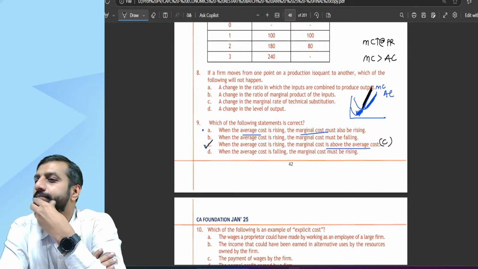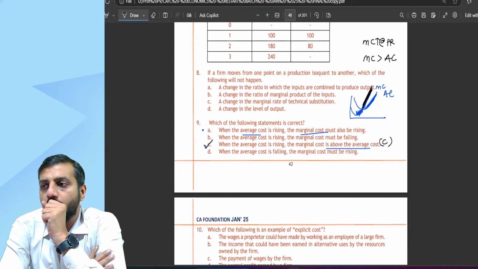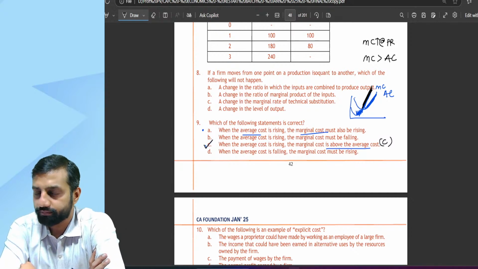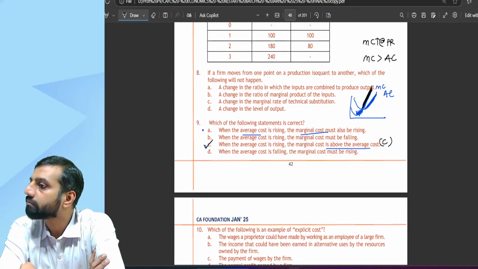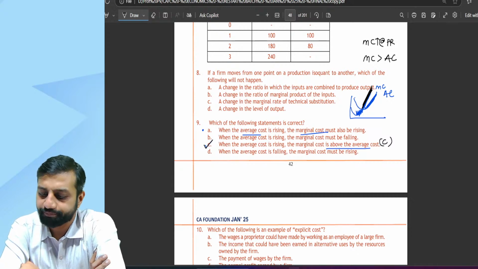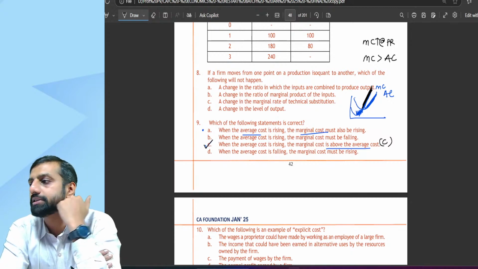Yes, Surya, are we clear with that? Is there a doubt, Surya? If clear, let me know in the chat box. Clear.